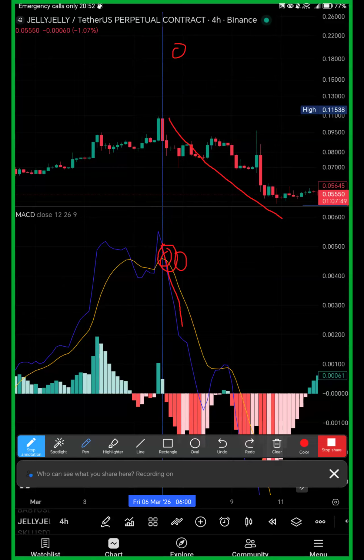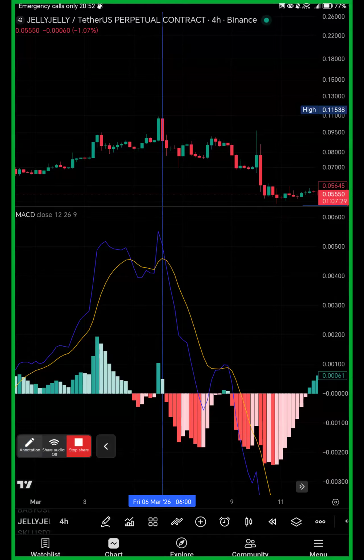These two lines are going to cross each other, telling us the direction of the market, change of trend, change of momentum. Is it going to go up? Is it going to go down? So the MACD helps us to spot those entries and exits. All right? Are we still friends?